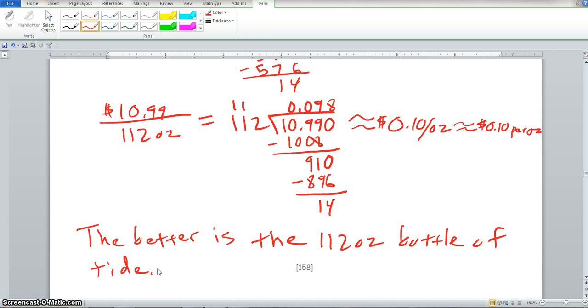I have to add in that the better buy is the 112 ounce bottle of Tide at $10.99. And I forgot the word buy here. So the better buy is the 112 ounce bottle of Tide at $10.99.